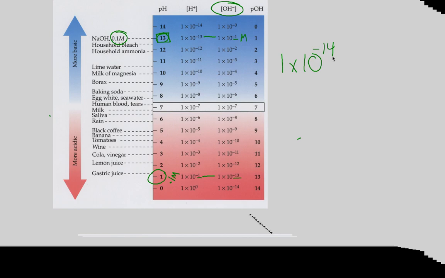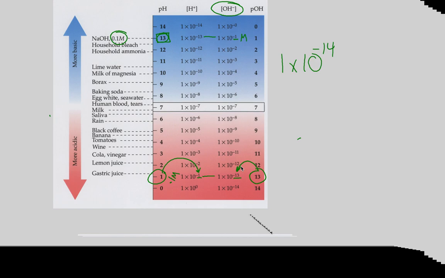We understand that pH is the exponent from the concentration of hydrogen ion. Well, guess what? We can also do pOH, which is the negative log of the hydroxide ion concentration. So now we've got this new interesting value.